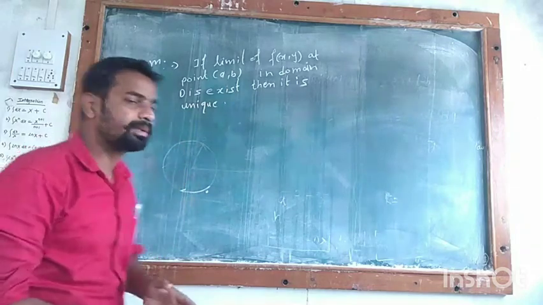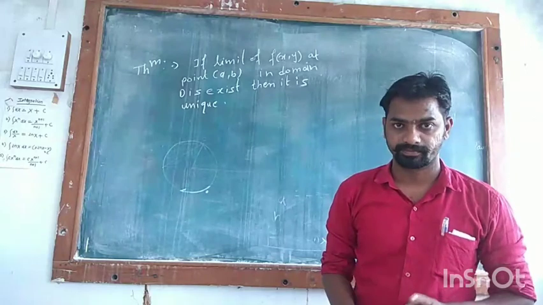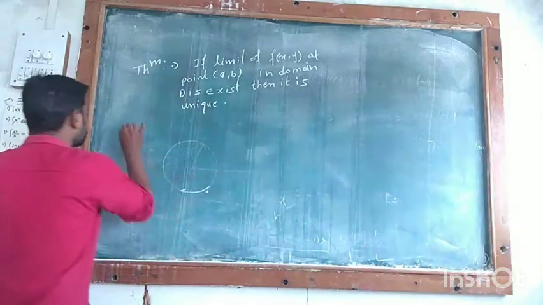This means that if the limit of f of xy exists, then this limit is unique. Okay, now next step.